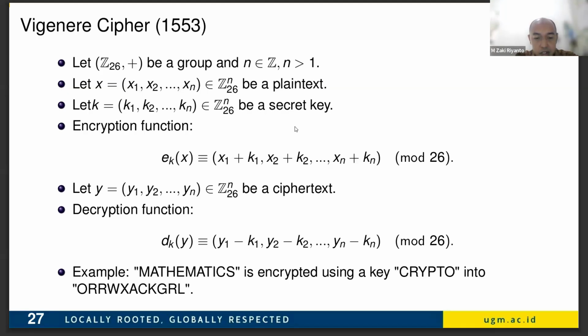And the decryption function is also very similar to the Caesar cipher. For example, here the plaintext mathematics is encrypted using the key crypto, and it becomes like this.